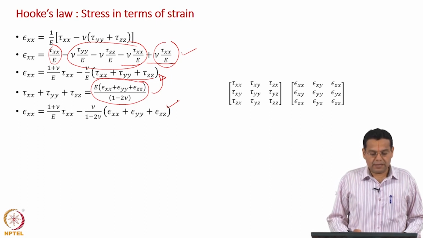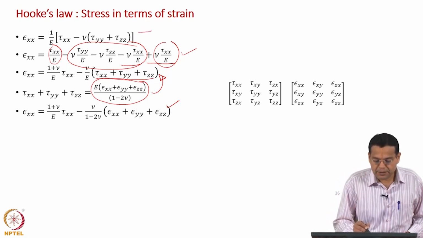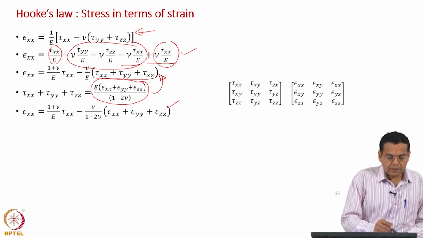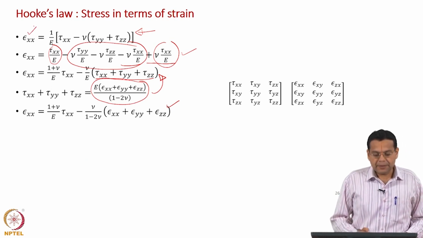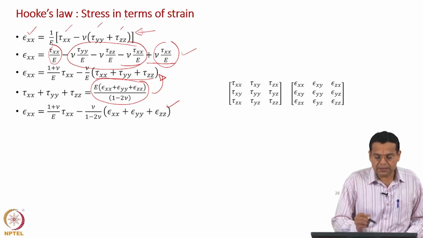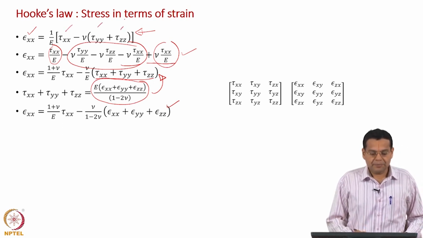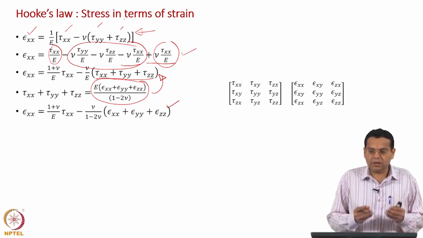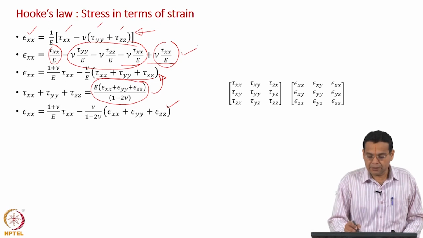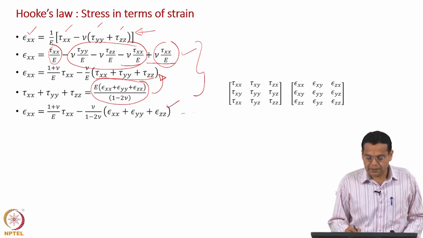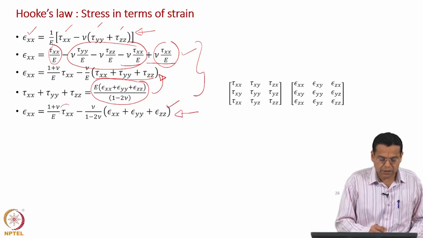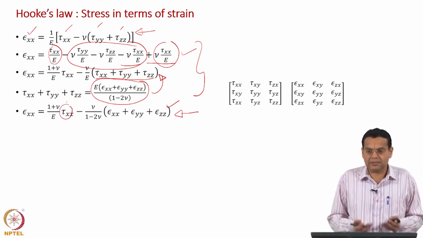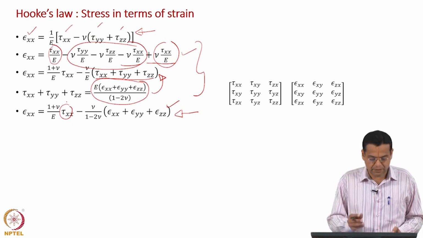What we have done essentially is that in this expression we had normal strain on the left hand side, and then 3 normal stresses were present on the right hand side. We want one equation in one unknown, we want to retain only one of the normal stresses. By doing these steps in this equation there is only one normal stress present, so that we can rearrange and get an expression for normal stress. That was the idea, okay, behind all these steps.